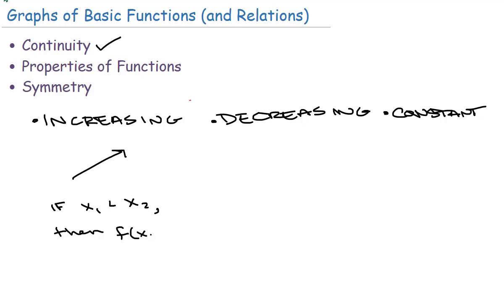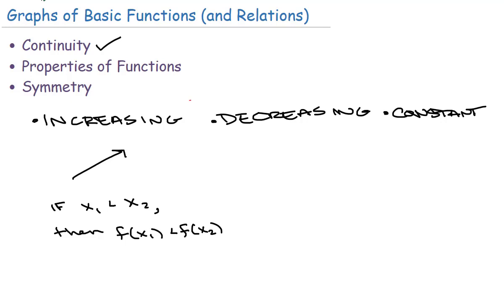So this is saying mathematically with our notation that if our first x is smaller than our next x, or in other words our next x is larger than our first one, then our next y value should be larger than our first y value. Remember, f of x is just the same thing as y.